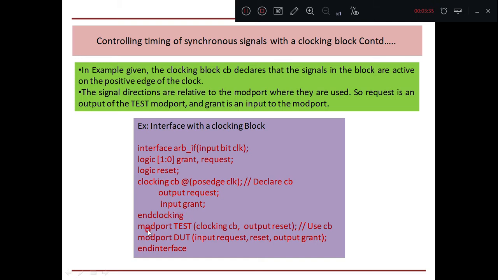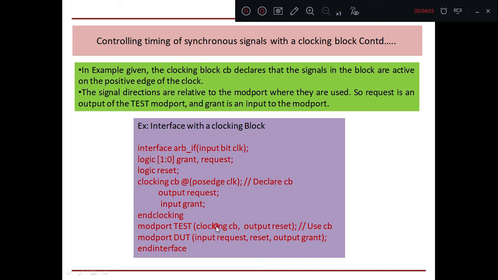Now modport test uses the clocking block. We have also seen what a modport is, which is used to define the signals with their directions. Modport test uses clocking CB, which means the test uses the synchronous signals from the clocking block.